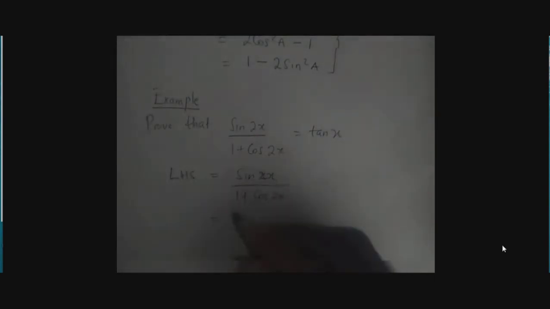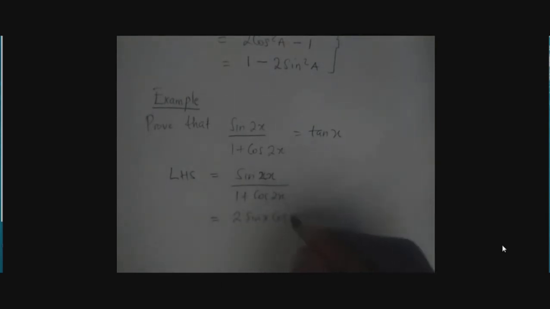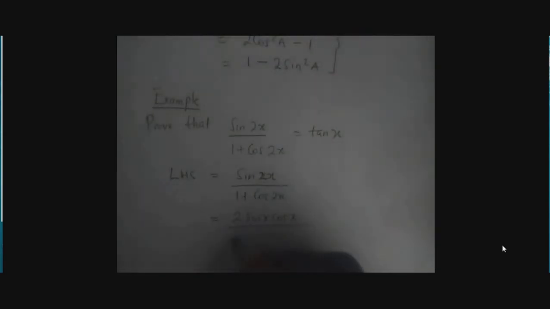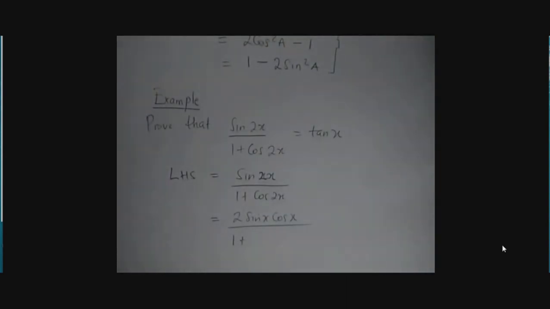So I have this will be equals to 2 sine x cos x over 1 plus. Now the double angle for cos has 3 identities. But which of the 3 will I have to use?